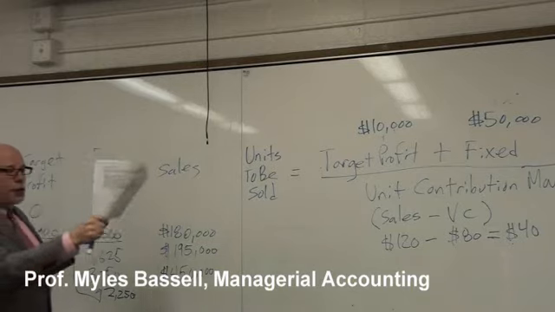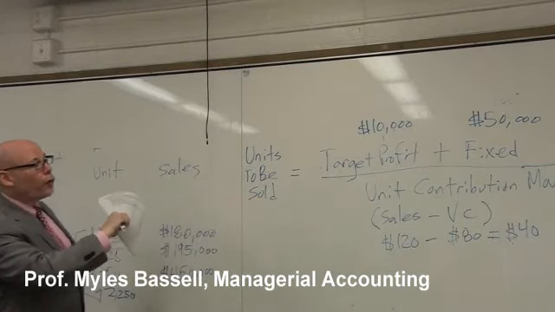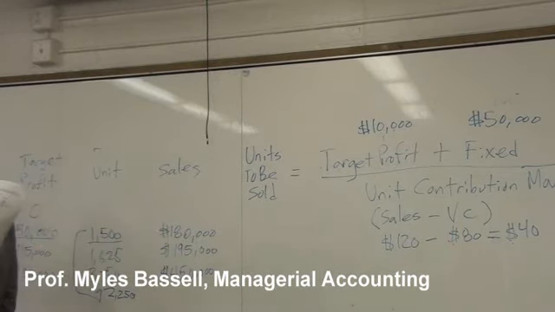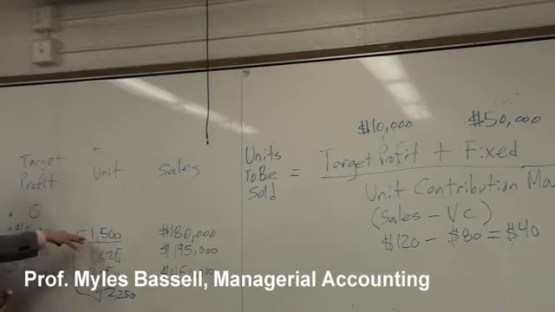The variable cost per unit is unchanged. The total fixed cost is unchanged, but the fixed cost per unit is declining. In fact, it's going to decline very significantly because here we're spreading the $50,000 of fixed cost across 1,500 units, and here we're spreading it across 3,750 units.